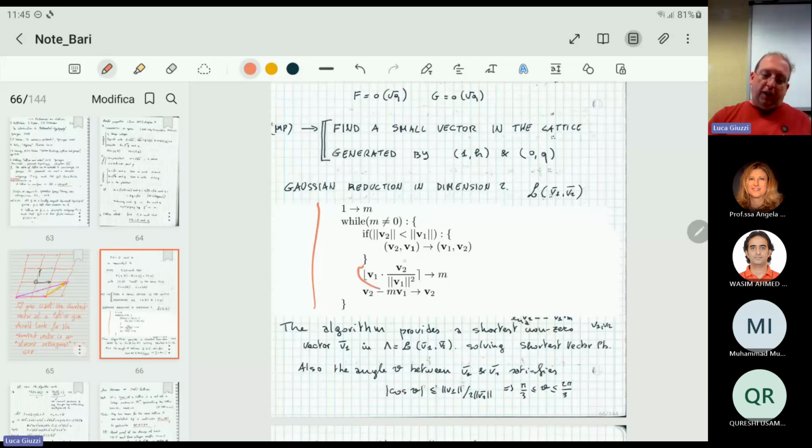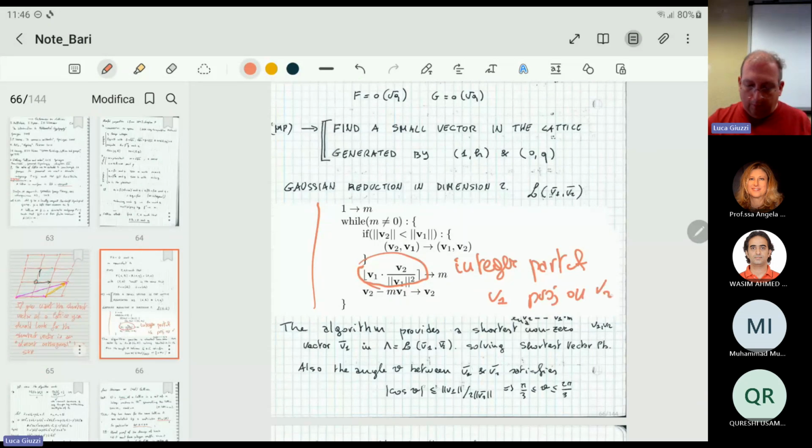Otherwise, we compute the Fourier coefficient, the integer part, of V1 projected on V2, and then we subtract this projection from V2, and we iterate.